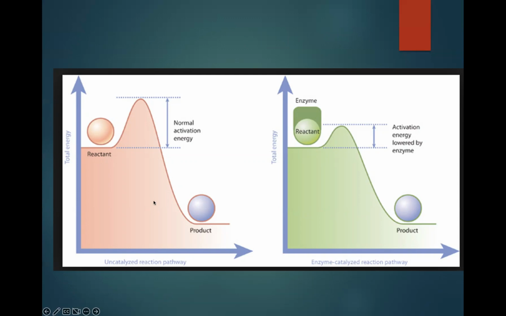So we should be able to look here and compare and see that the presence of this enzyme in this reaction has effectively lowered the amount of activation energy that's required for this reaction to take place and our product to be generated. Take a moment and make sure you understand what has happened here.